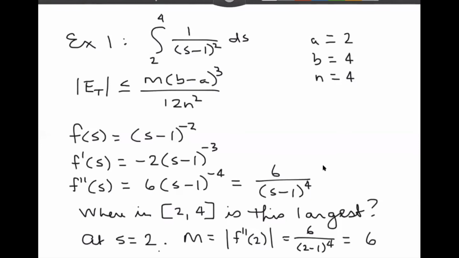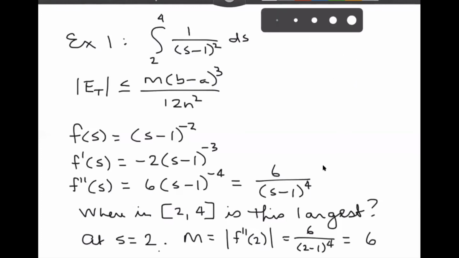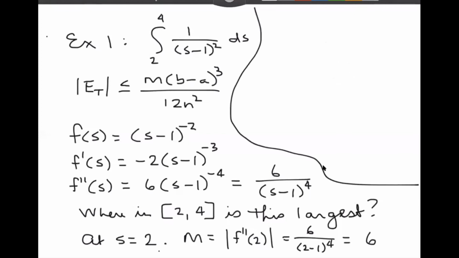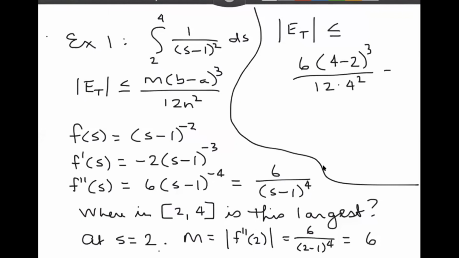So now we're ready to find our upper bound on our error. I did not leave a blank page after this one, so I'm going to steal some of this space. I think we can finish this up over here. The absolute value of E sub t is less than or equal to m, which is 6, times b minus a to the 3rd over 12n squared.